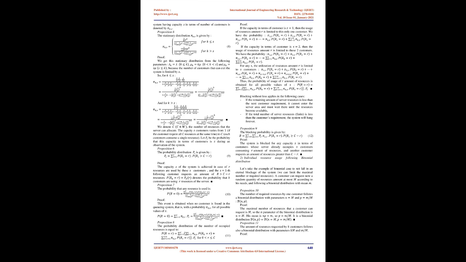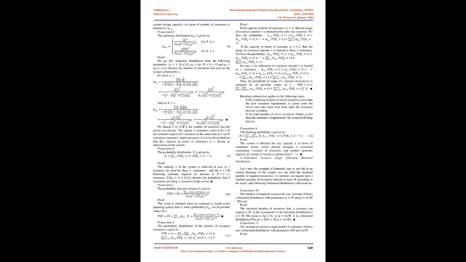resources, and the probability that the customers use resources. 2. Individual resource usage following Poisson distribution. We consider that resource usage by an individual customer follows Poisson distribution with parameter. Proposition 4.